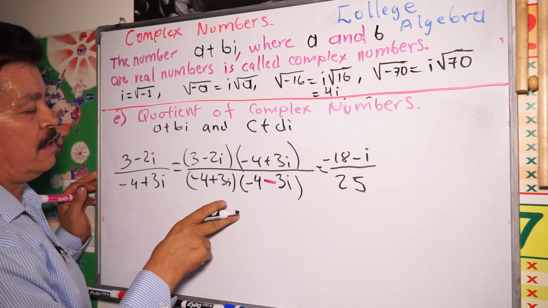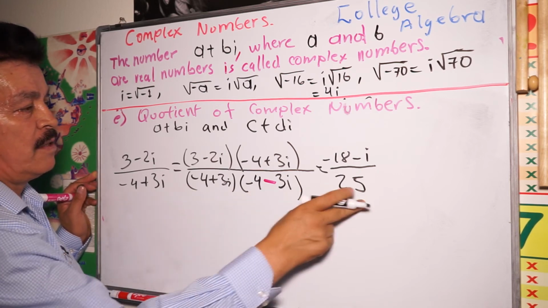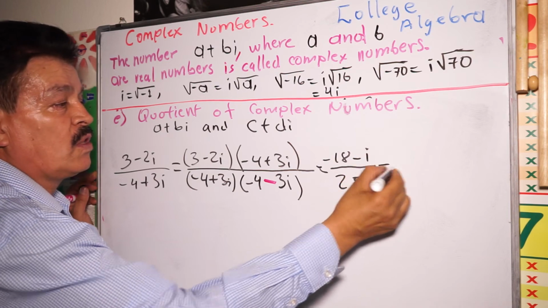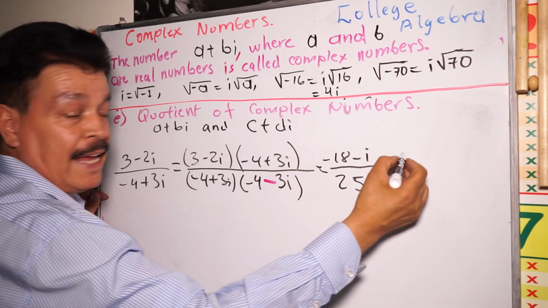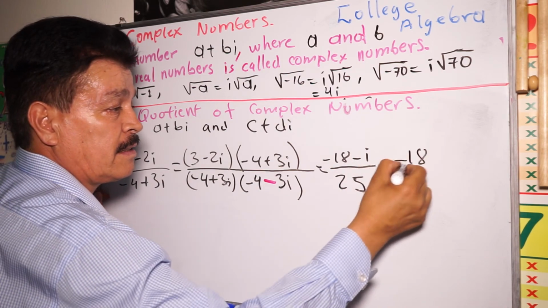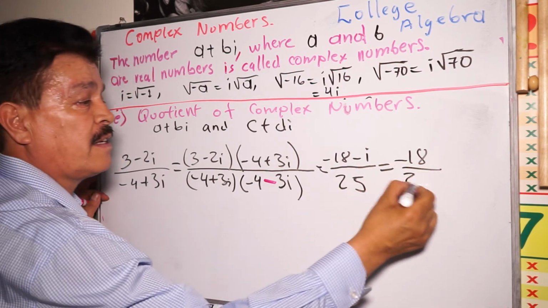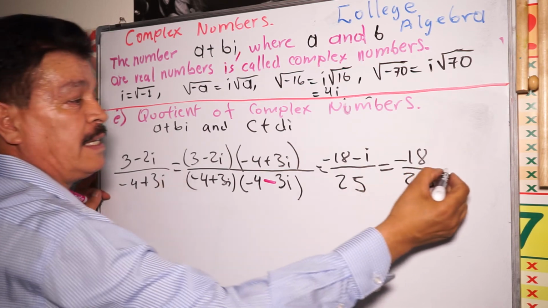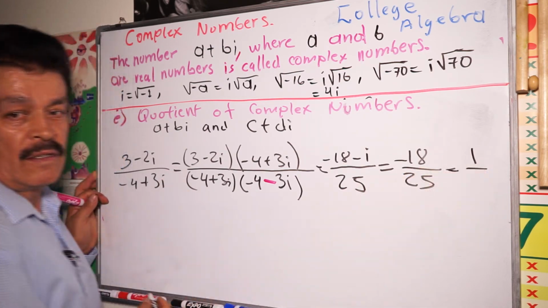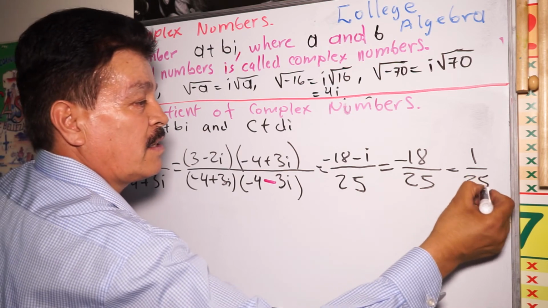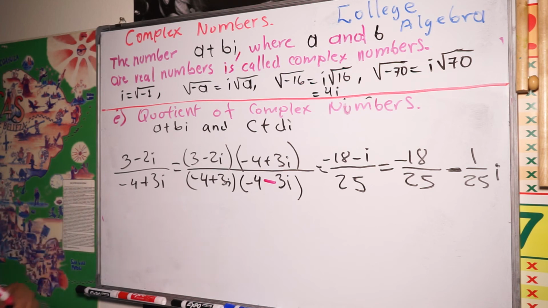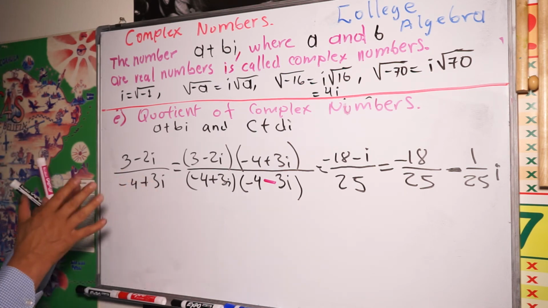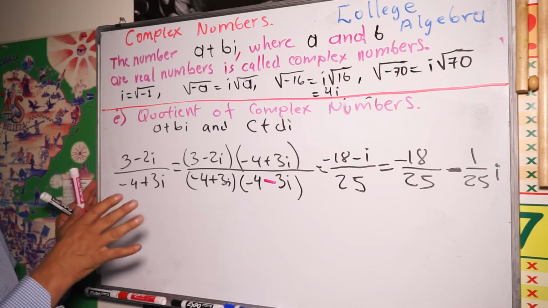It's going to be minus 18 over 25, and in one way, minus 1 over 25 i. Okay? So this is the way to solve the problem, to simplify the problem.